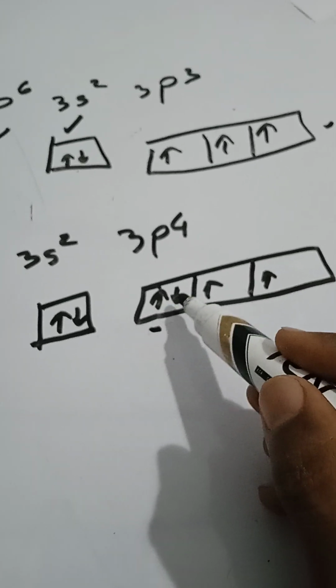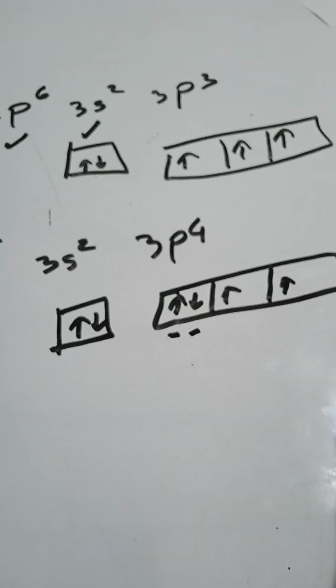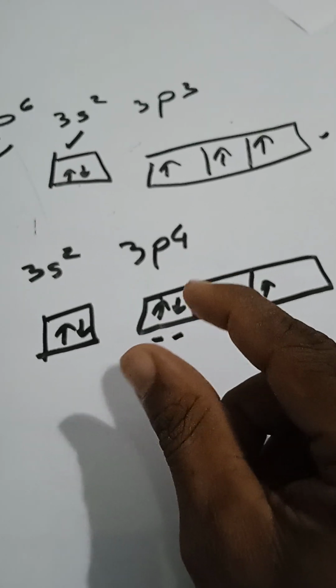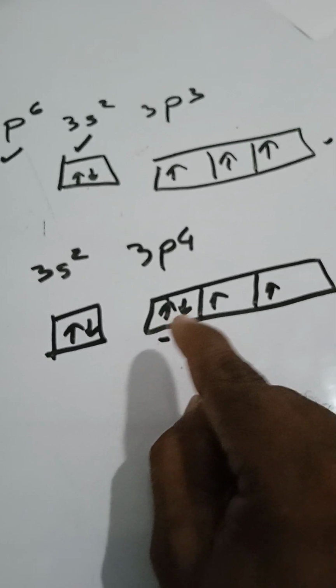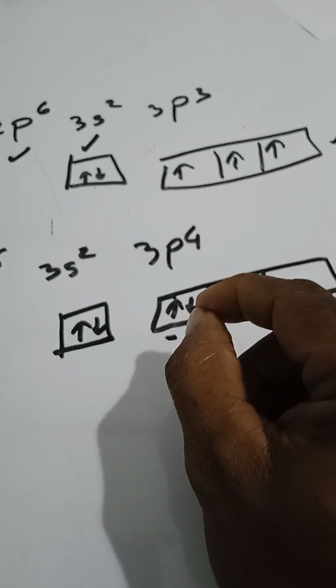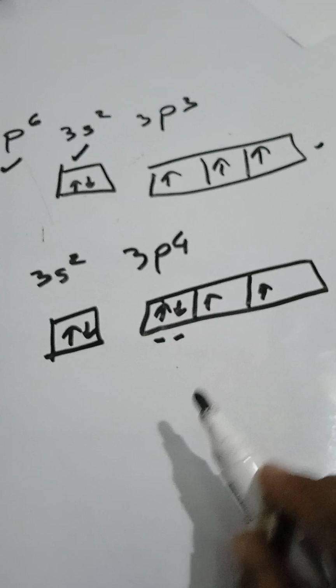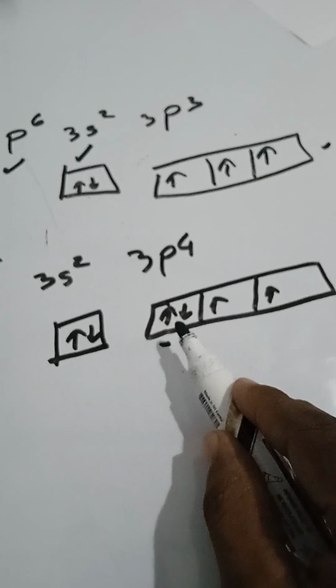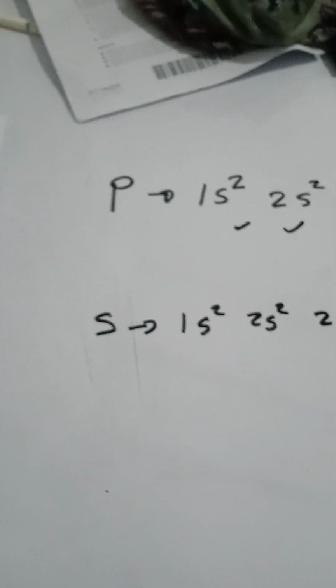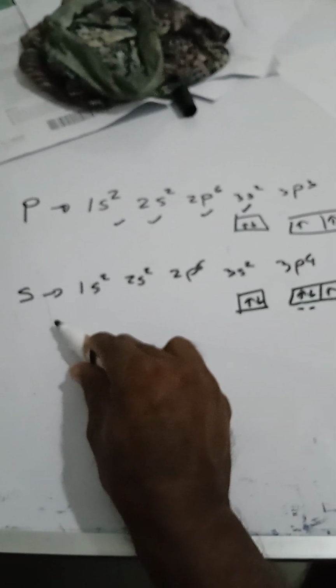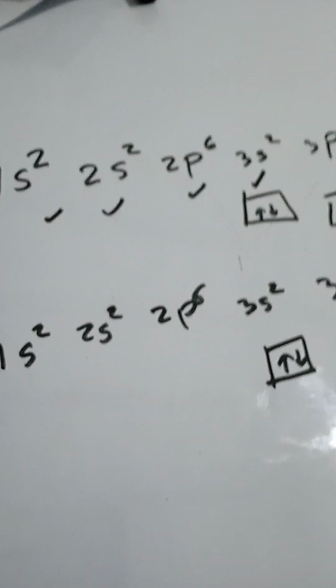This electron is negative, this electron also negative. They repel because same charges repel each other. The repulsive force between these two makes it easy to remove 1 electron. So sulfur easily releases an electron compared to phosphorus. So that should be the answer.